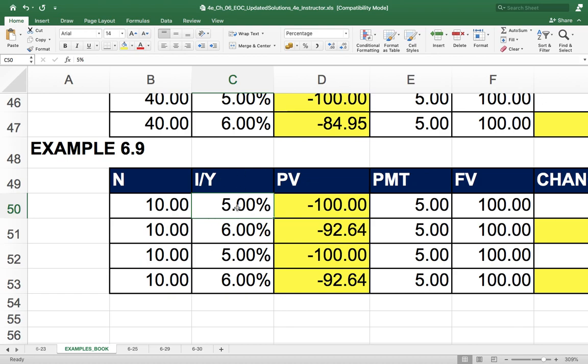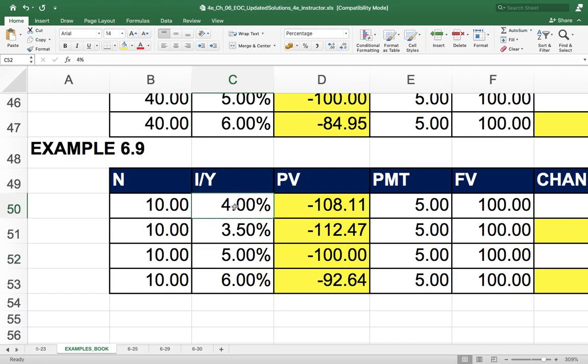Now IY previously was 8%, now change it to 7%. So 8% annual means 4% semi-annual, and 7% annual means 3.5% semi-annual.